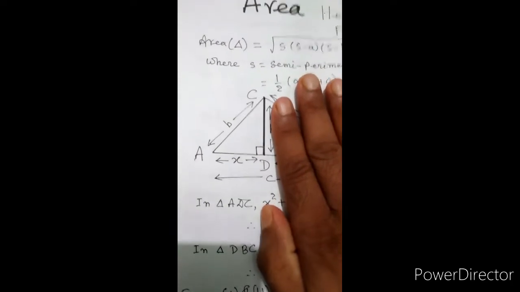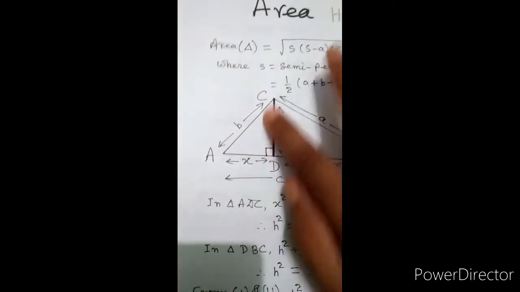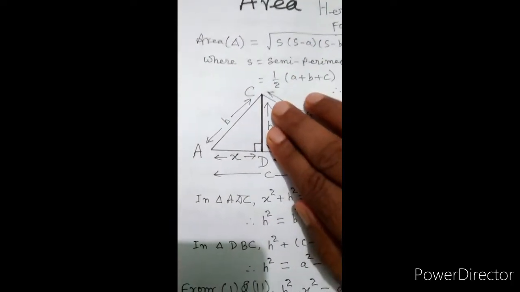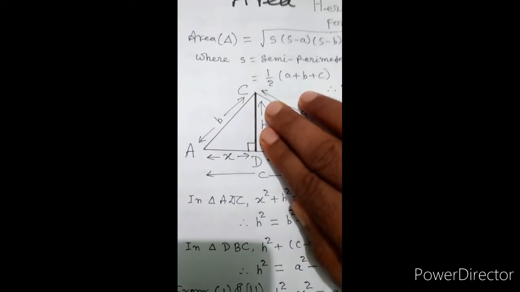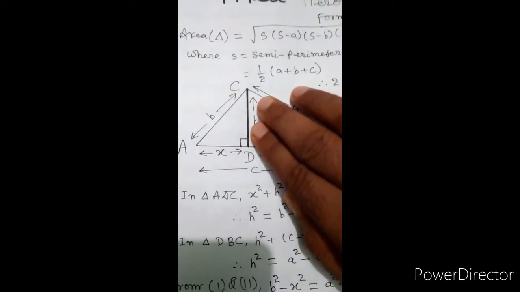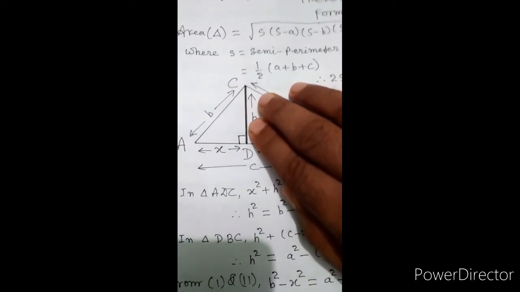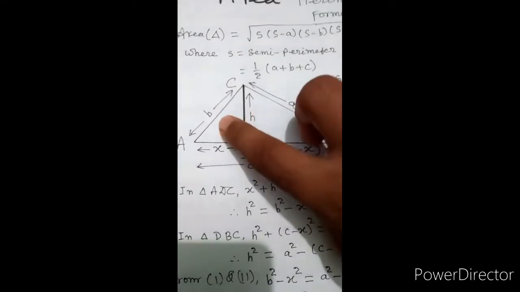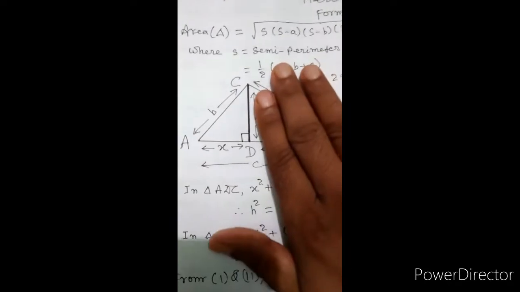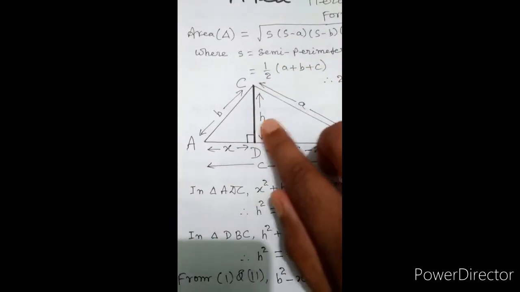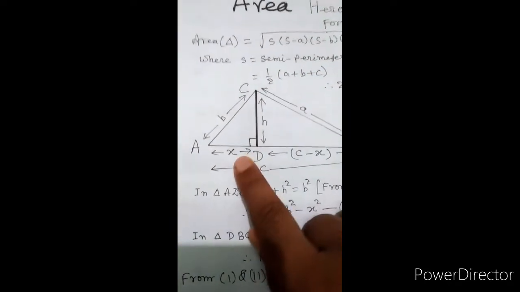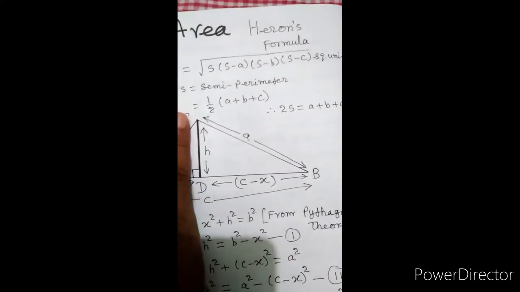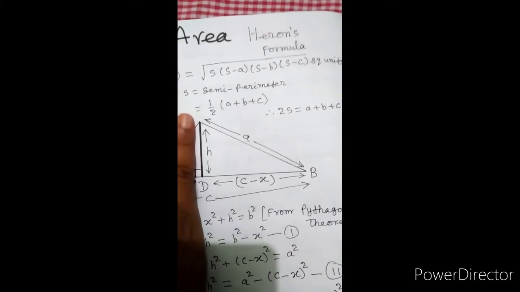So, if we consider this triangle, this is a right angled triangle. Then with the help of Pythagoras theorem, we can find the value of x and h. As we know, b square will be equal to h square plus x square. Similarly, this triangle is also a right angled triangle.